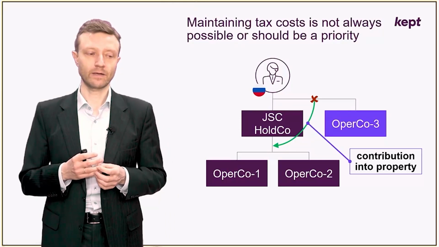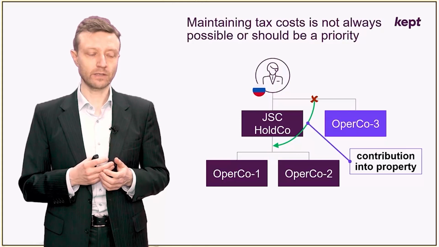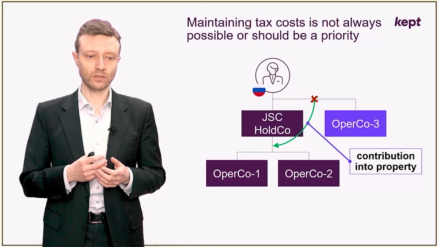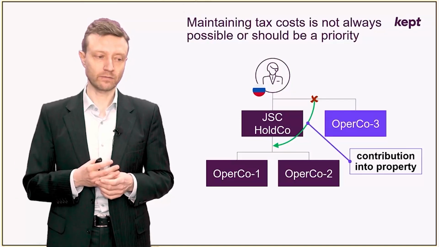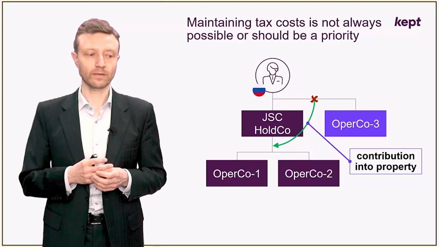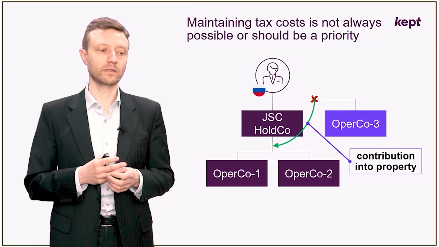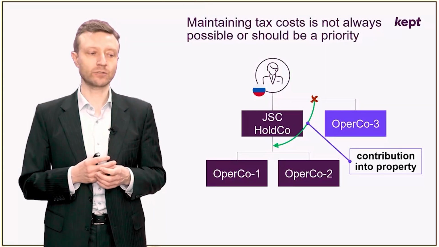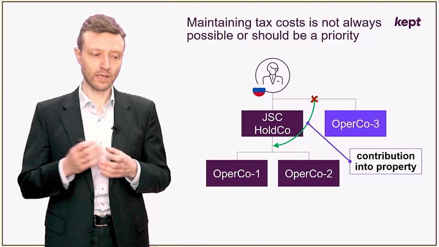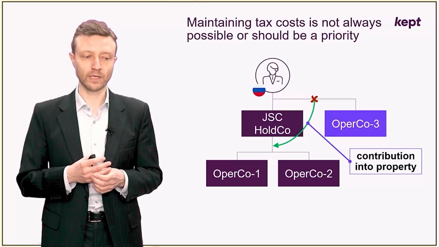This is why when contributing assets into subsidiaries of Russian tax resident individuals, it may make sense to avoid issuing additional shares, in which case again a contribution into property can be preferred.